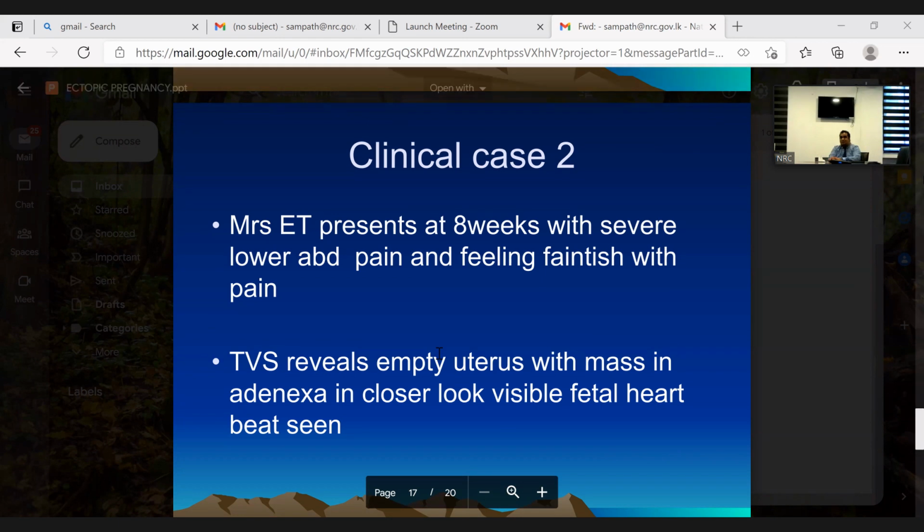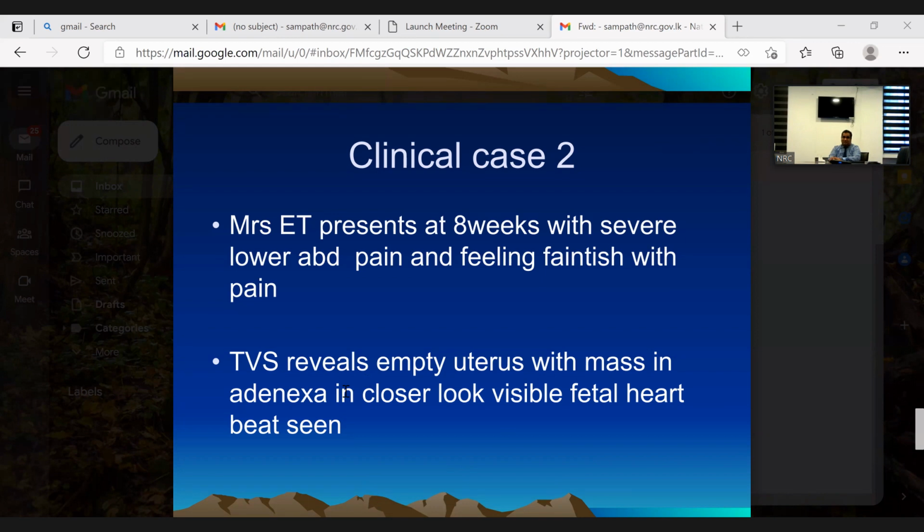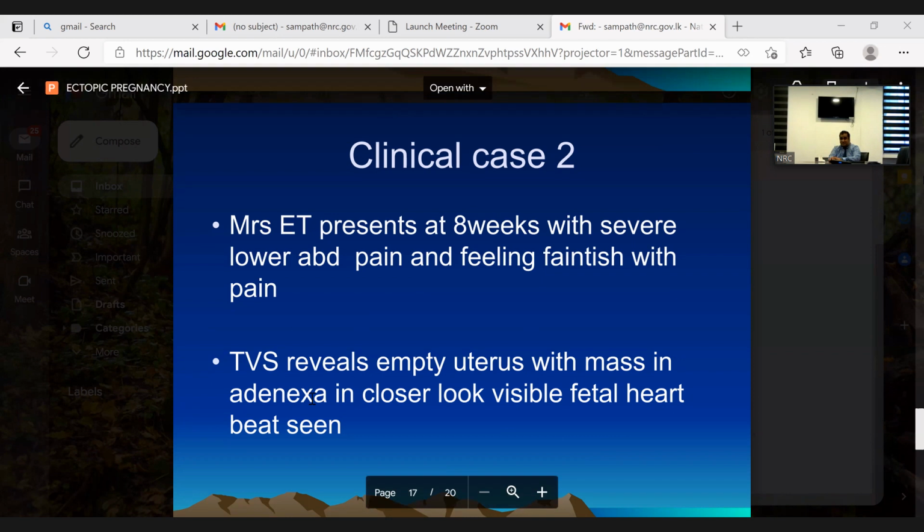You don't do a salpingotomy, but you completely remove the tube, a salpingectomy. Remove the ectopic area along with the tube because you see a live fetus, and then put a knot. That tube cannot be used thereafter.